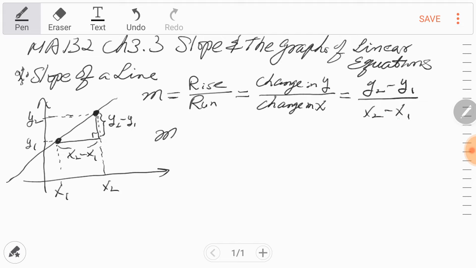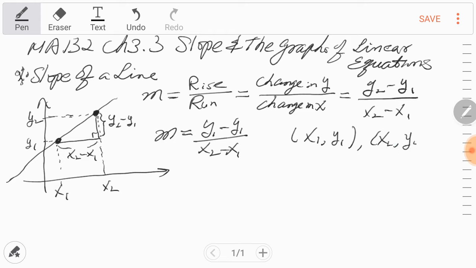The slope of a line is change in y over change in x, rise over run, y2 minus y1 over x2 minus x1, where x1, y1 is one point and x2, y2 is the second point. Then let's find the slope of 2 points.